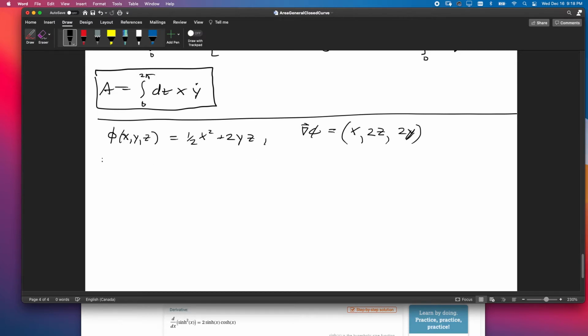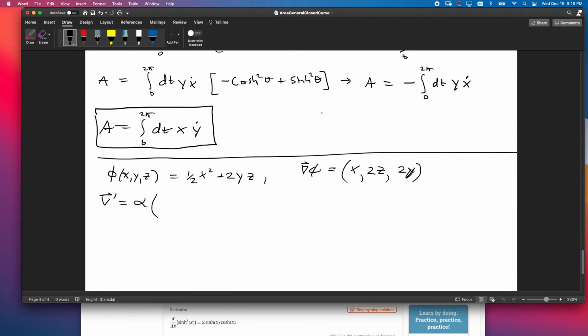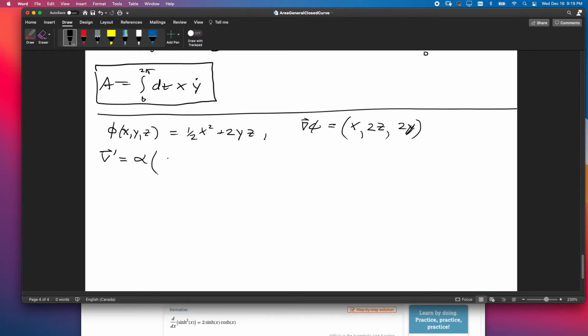Okay, so my v prime is equal to my original v, which is alpha, and then this was the sinh squared phi, and for sinh squared I'm going to use s squared y cosh squared x.